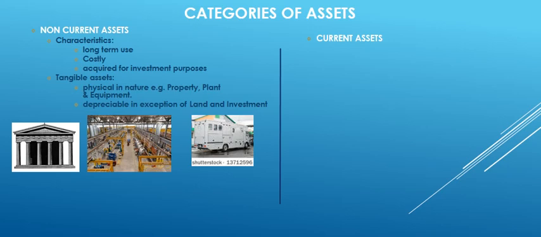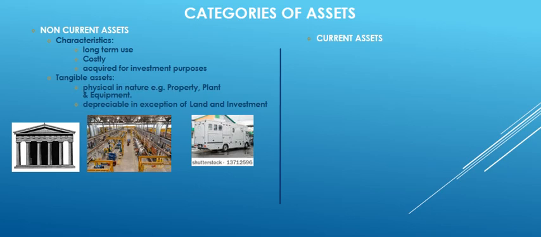Examples are the land and buildings that are used for business purposes, the plant and machinery that are used in the factories, the equipment including furniture and fittings, vehicles and trucks.